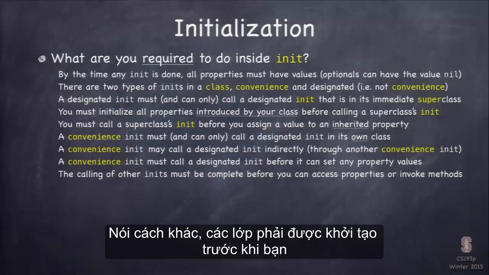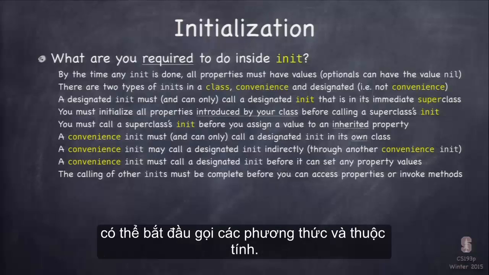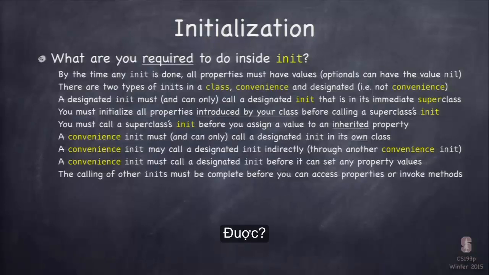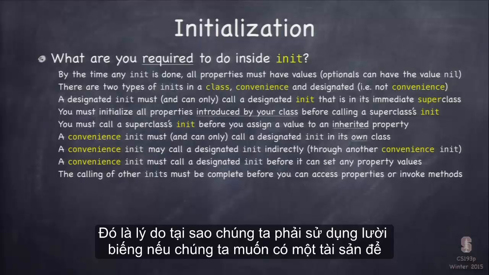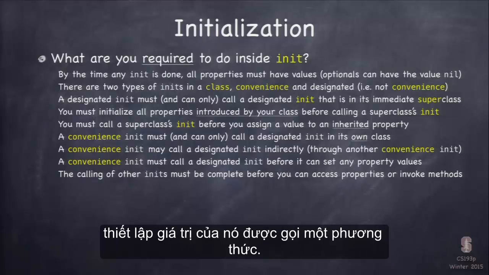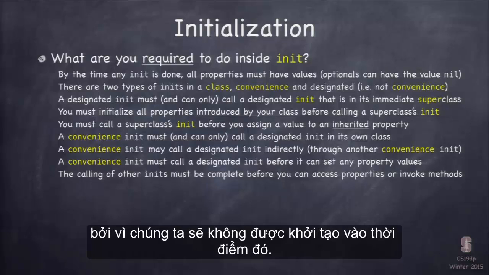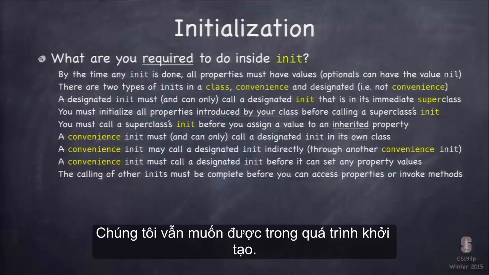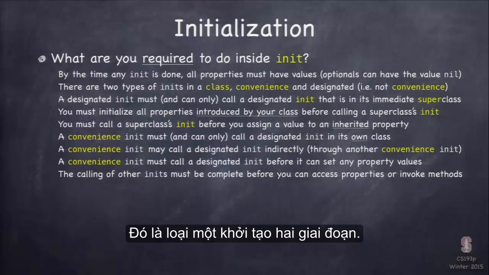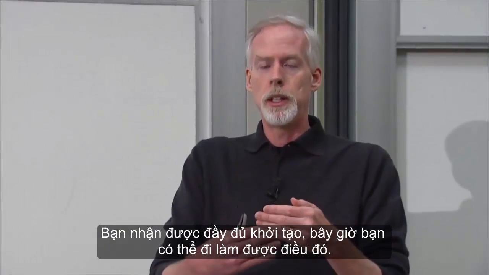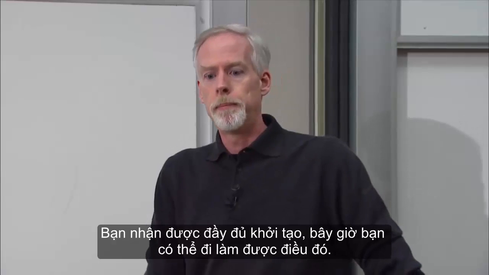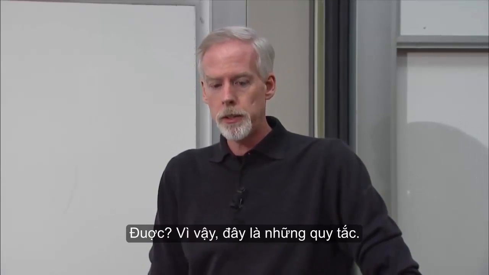In other words, the class has to be initialized before you can start calling methods and properties. That's why we have to use lazy if we want a property to set its value by calling a method, because we can't do it non-lazily because we wouldn't be initialized at that time. We'd still be in the process of initializing. It's kind of a two-phase initialization. You get fully initialized, now you can go do that. So these are the rules.